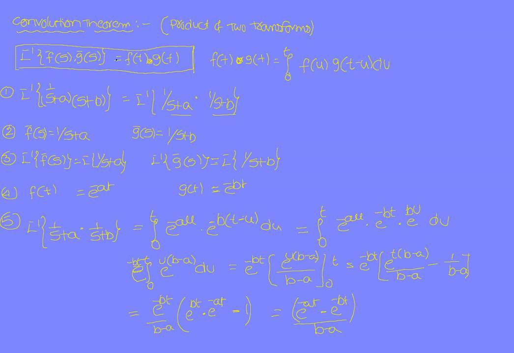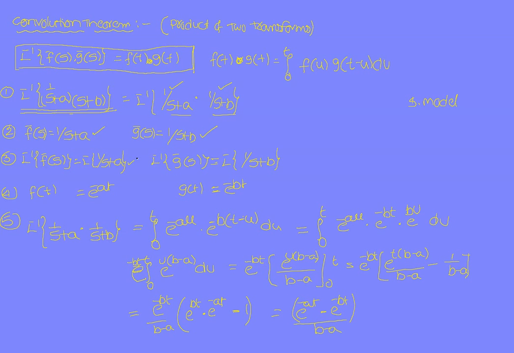So this is how to do this type of model problem. The given problem is L inverse of 1 by s plus a into s plus b, the L inverse of a product of two terms. First, convert it into the standard form: write f bar of s and g bar of s.